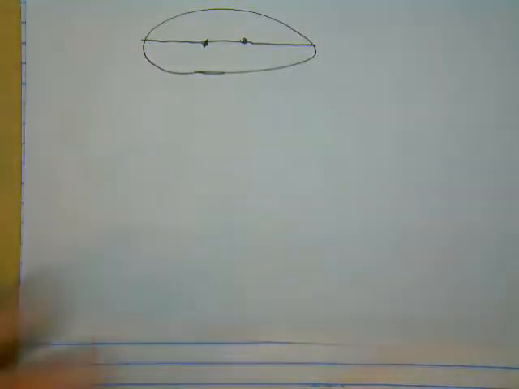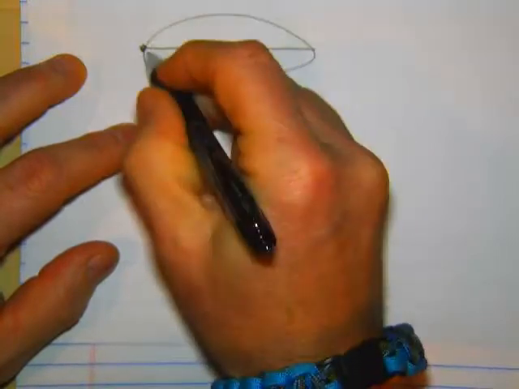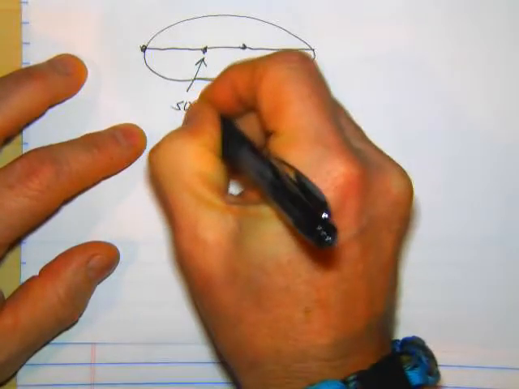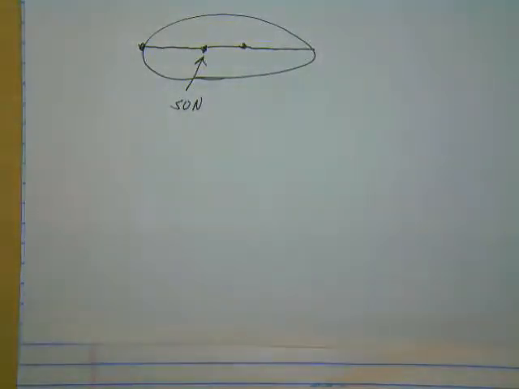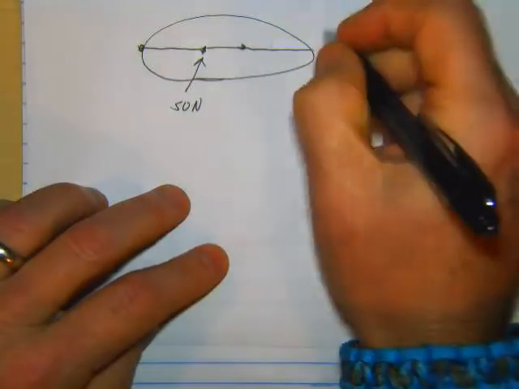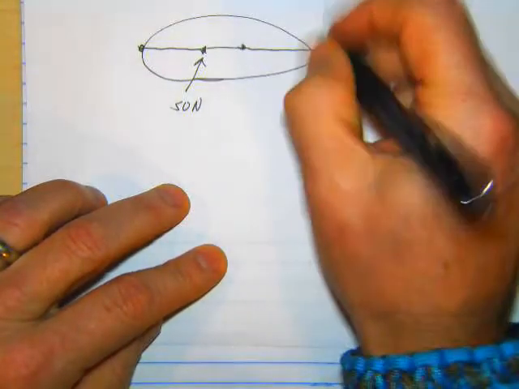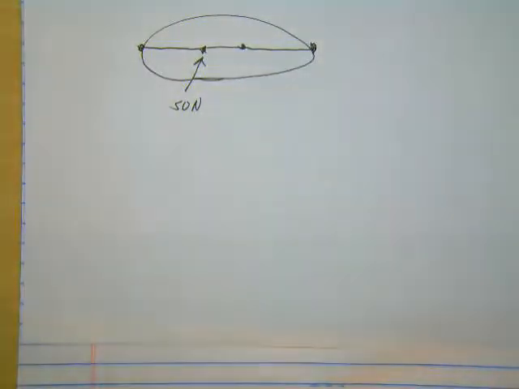So we want to determine either the distance from perihelion to the sun, and remember, the sun is always one of the foci, or you could determine the distance from the sun to the aphelion, which is the farthest point away. You can do either of those.